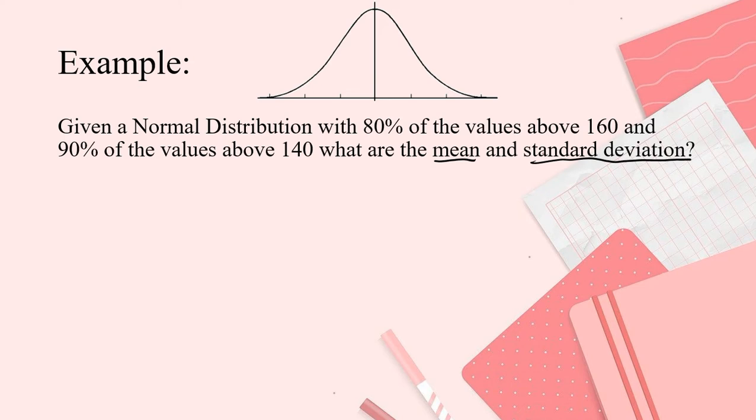So syempre, pakita muna natin yung problem sa ating curve. So ang sabi po dyan, given daw po ng normal distribution natin, 80% of the values above 160. So, ang 80% daw po ng ating values ay above 160.